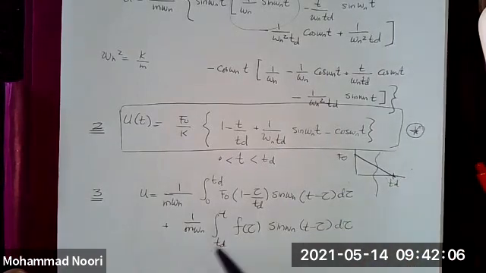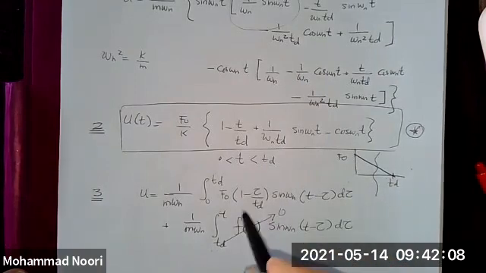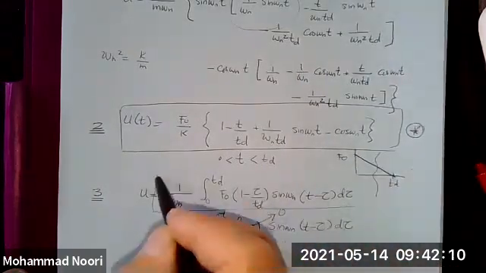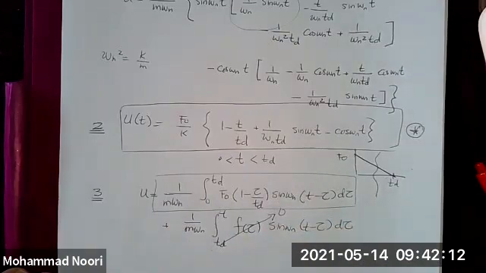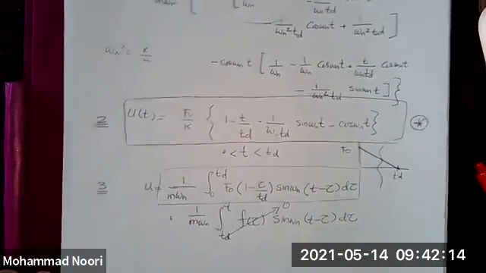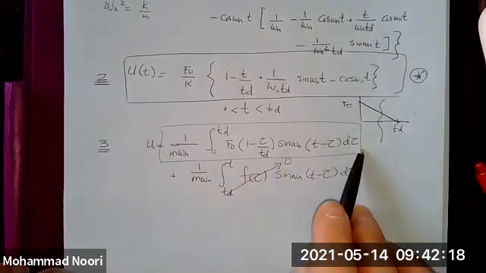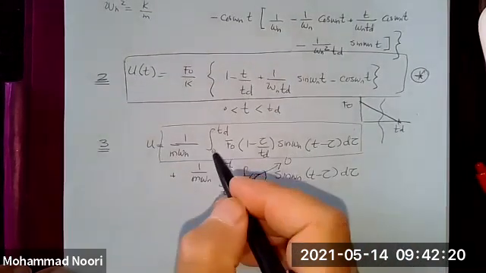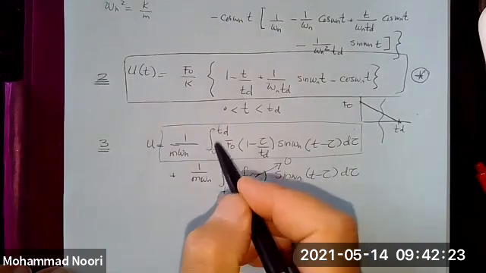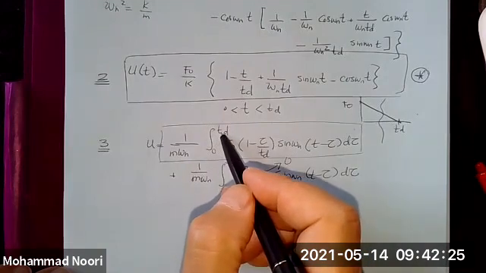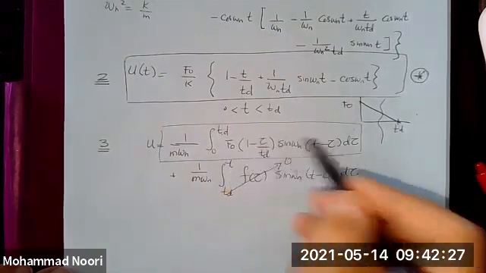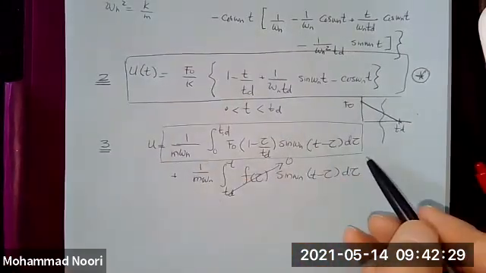Obviously, in this region the force is 0, so you only need to evaluate this integral. But if you look at that integral, you've already done that for the general case, where you had 0 to t. So you don't have to redo the whole integration.